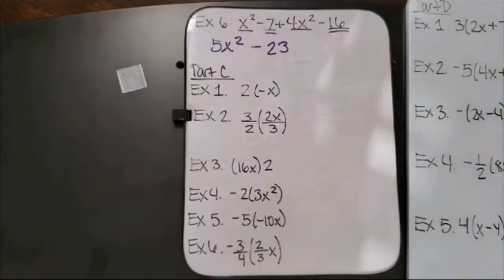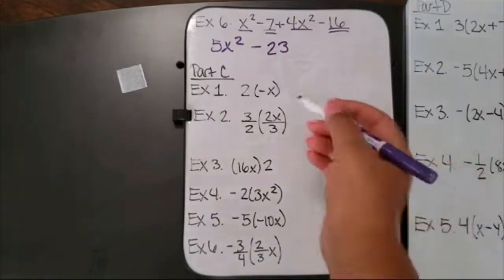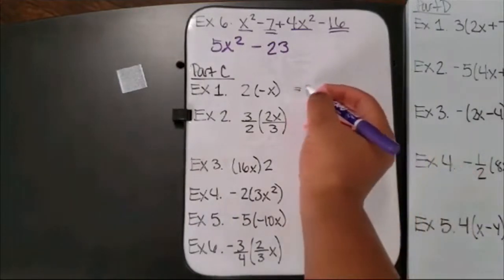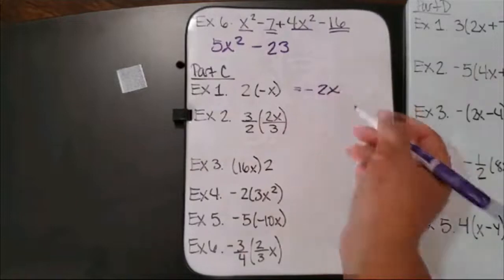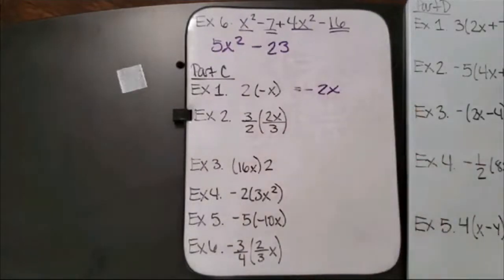And if you have a question about that, it's in all of that material that I posted for you guys to read. What we're basically looking at is 2 times negative 1, which is negative 2x, okay?